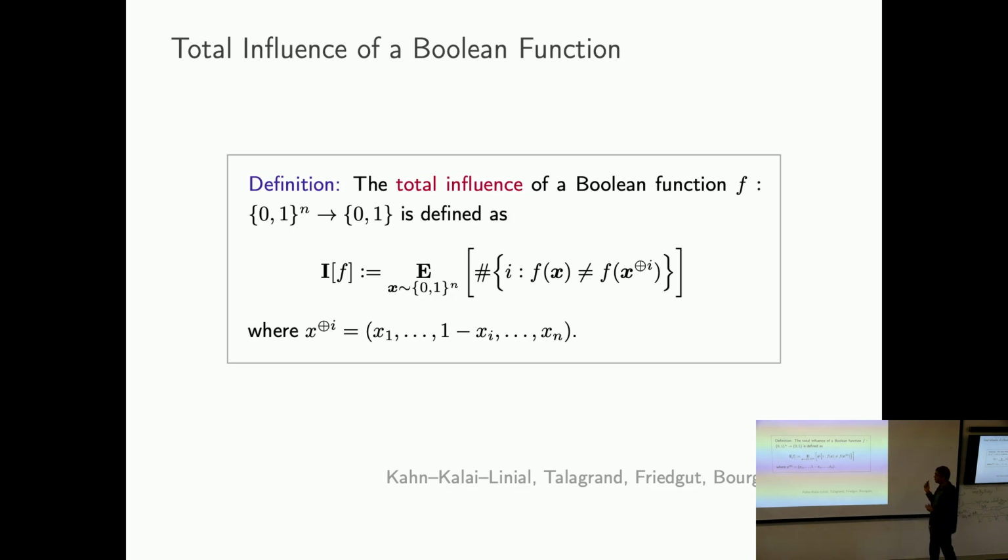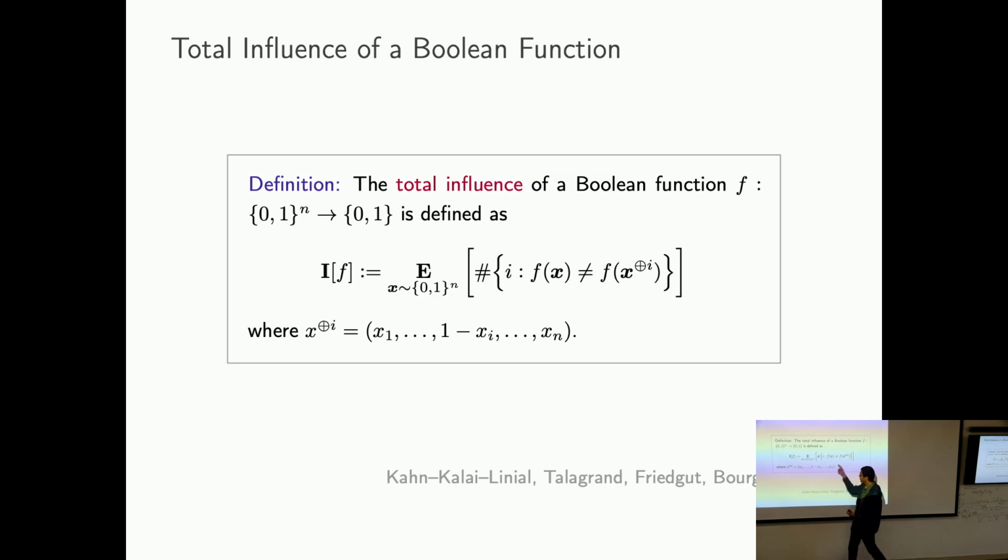So given a Boolean function, there's this quantity called the total influence of the function, which tells you, on average, how many directions matter for the function. So given an input point x, you can flip each of the n coordinates and see if the value of the function changes. So this tells you how many of the directions matter at a point x.